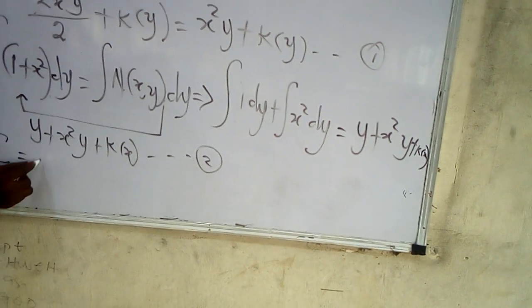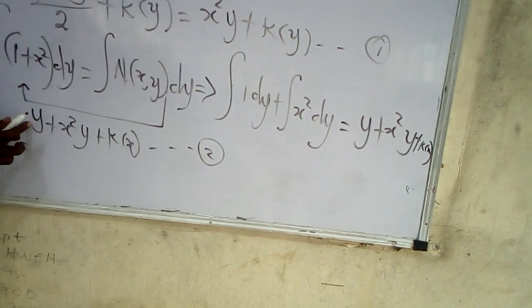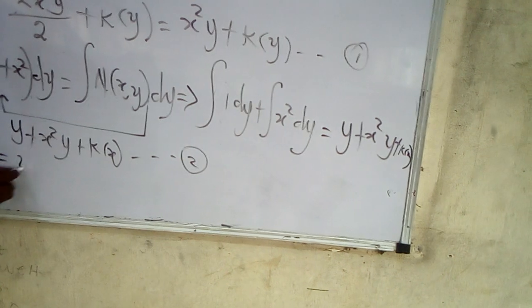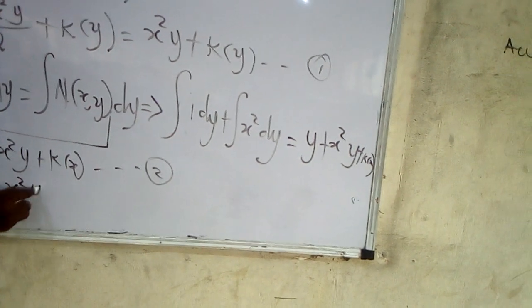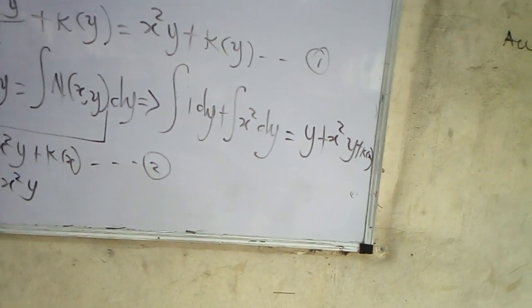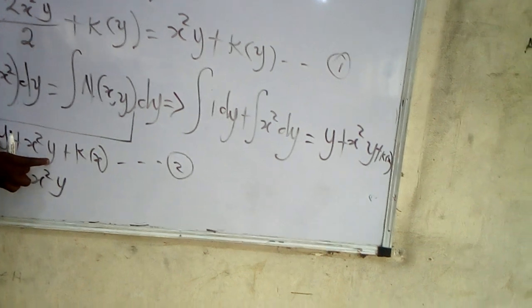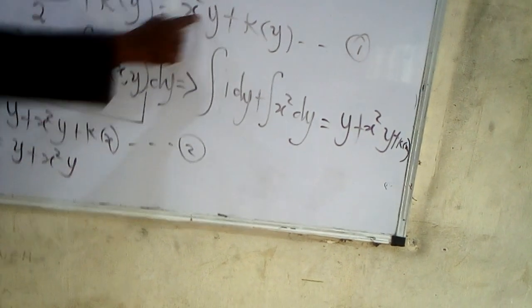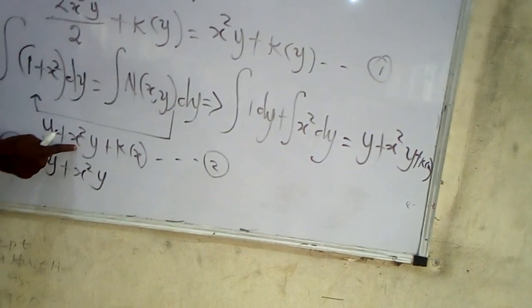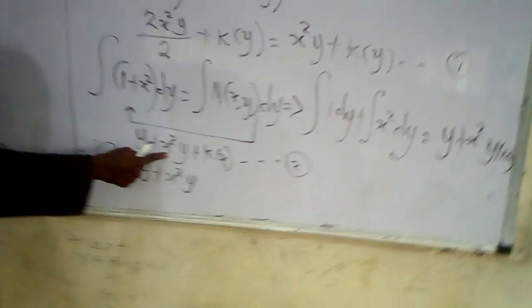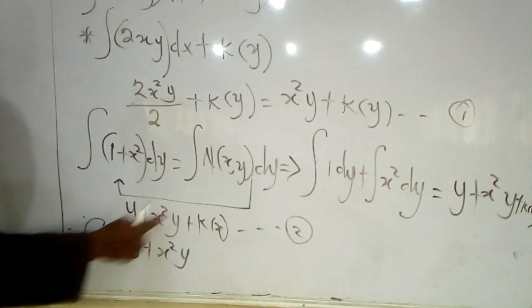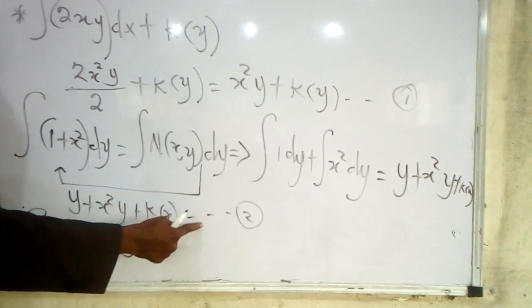You pick one, which is x squared y, and also add y. So we have y plus x squared y is equal to C. It was not this alone that is the answer. We have to mix the two together, but because x squared y is repeated, sometimes when you read on your own you think you just chose one. No. The answer is a conglomeration of the two equations, equation 1 and equation 2.